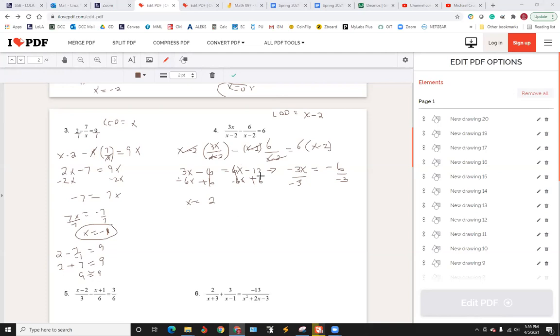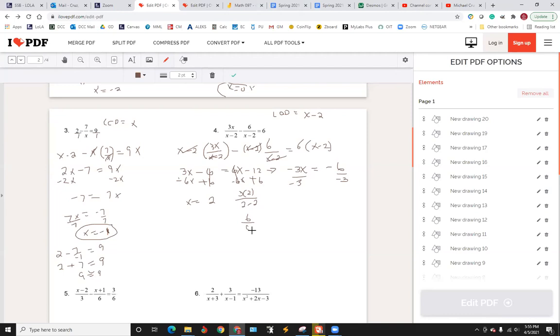Well, you shouldn't even get that, because watch. The important thing is what happens in that denominator. What is that equal to for that first term? That's 6 over 0.